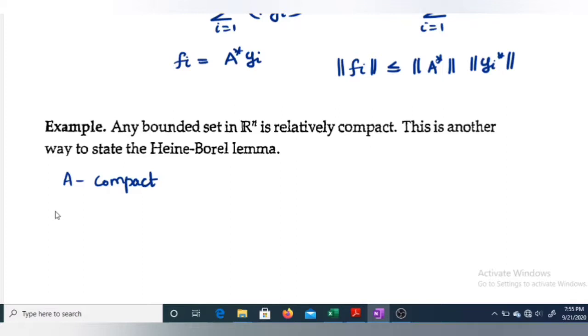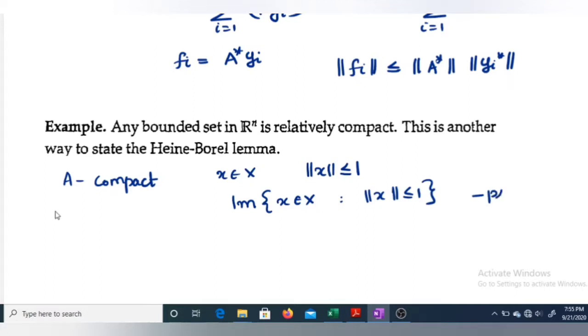So here we are going to prove the image of the unit ball is pre-compact. Let x belong to X be such that the norm of x is less than or equal to 1. Here we are going to prove that the image of the set of all x in X such that the norm of x is less than or equal to 1 is a pre-compact set. This is what we are going to prove.